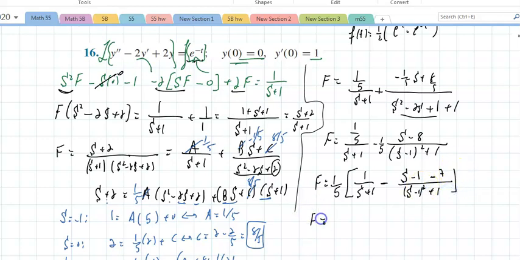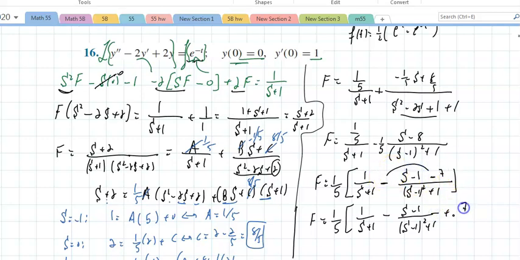Can't I say F is 1/5 into 1 over s plus 1 minus s minus 1 over s minus 1 squared plus 1? Now this negative is going to distribute into that. Isn't that 7 over s minus 1 squared plus 1?